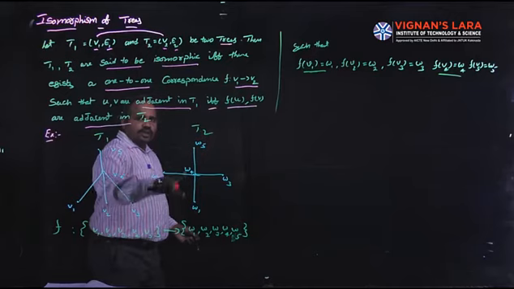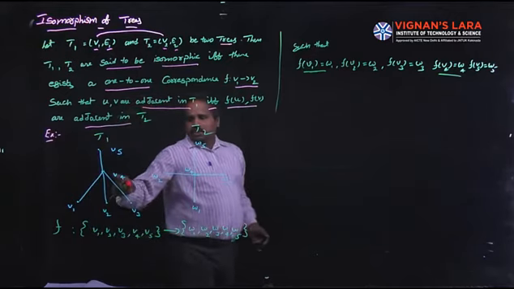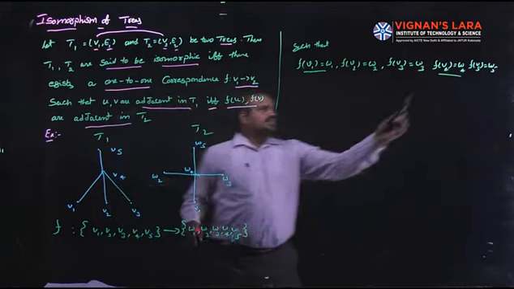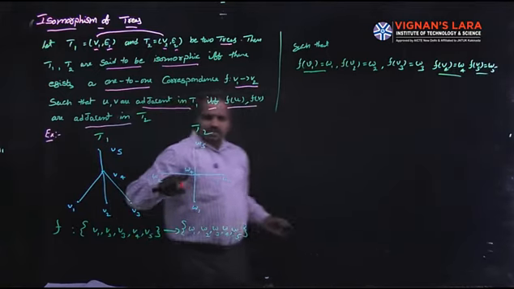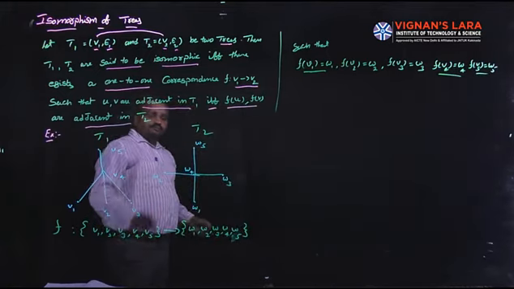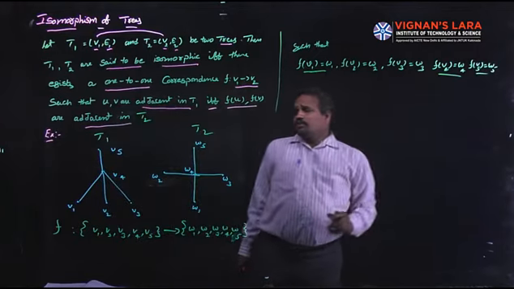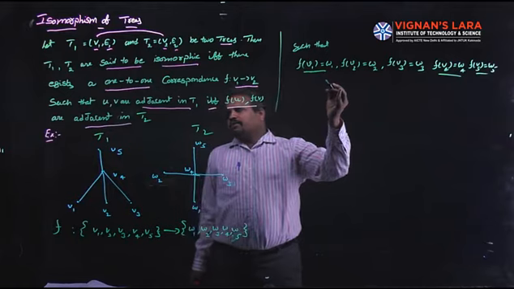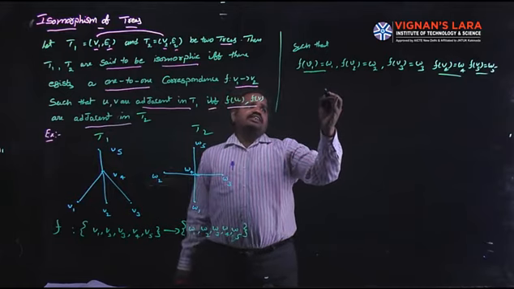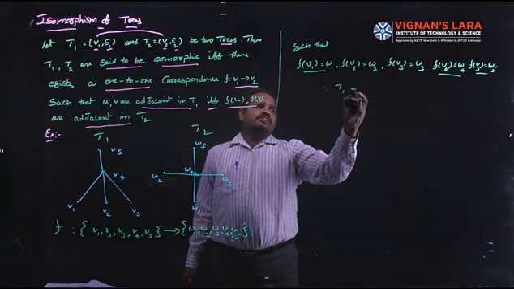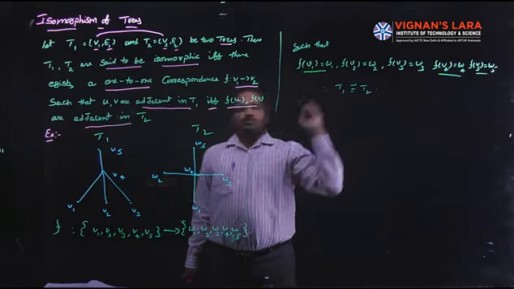W1, W4 are adjacent. And V4, V5 are adjacent; their images W4, W5 are adjacent. So this mapping satisfies the condition, therefore T1 is isomorphic to T2. This is one way.